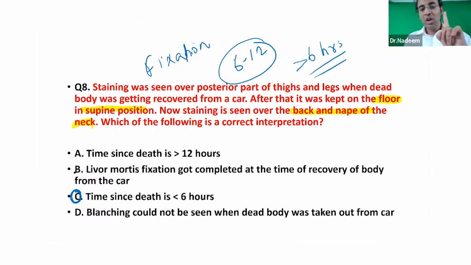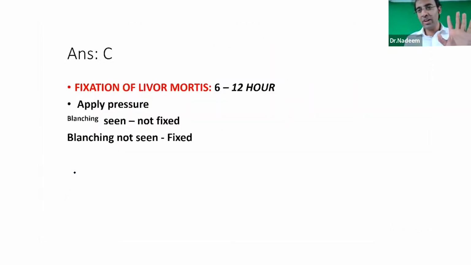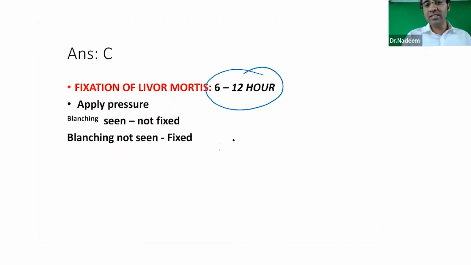Easy to understand? Fixation of livor mortis happens in 6 to 12 hours. Less than 6 hours, there will be shifting of the color. After 6 hours, there will be fixation of livor mortis.